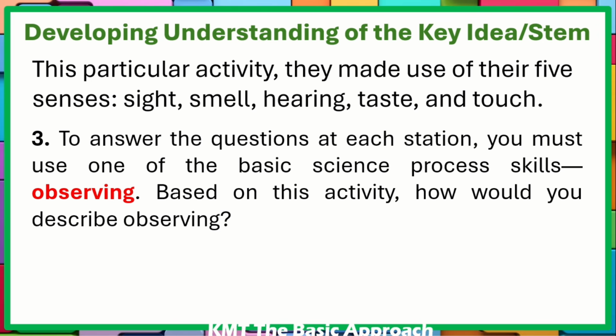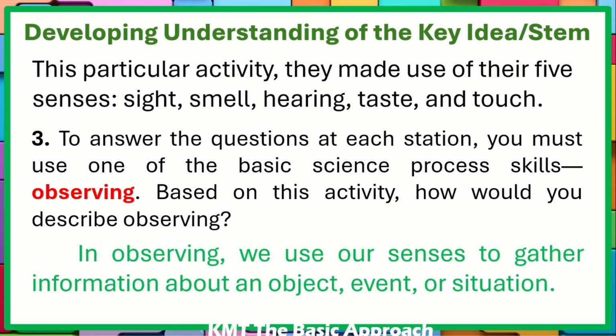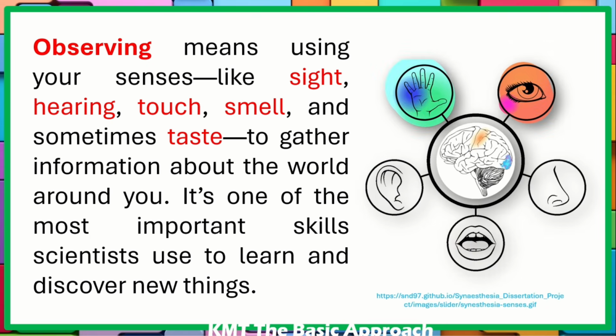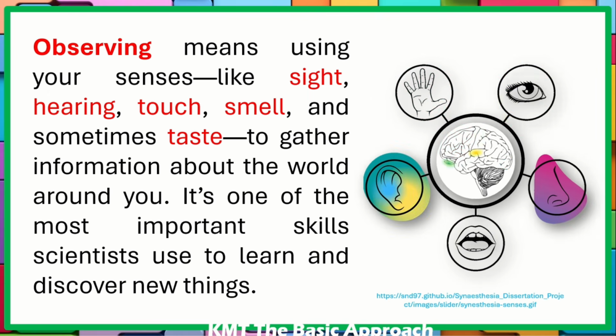For this part, let us understand that in observing, we use our senses to gather information about an object, event, or situation. Observing means using your senses like sight, hearing, touch, smell, and sometimes taste to gather information about the world around you. It's one of the most important skills scientists use to learn and discover new things.